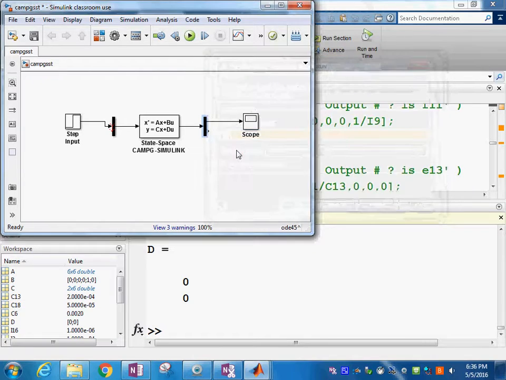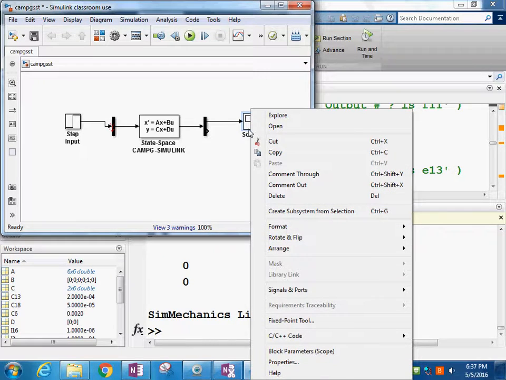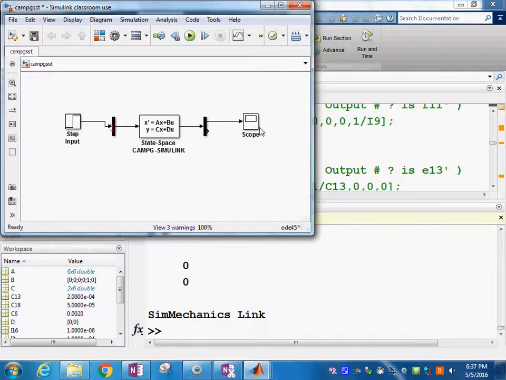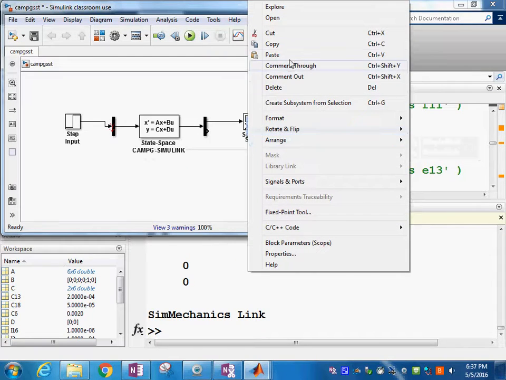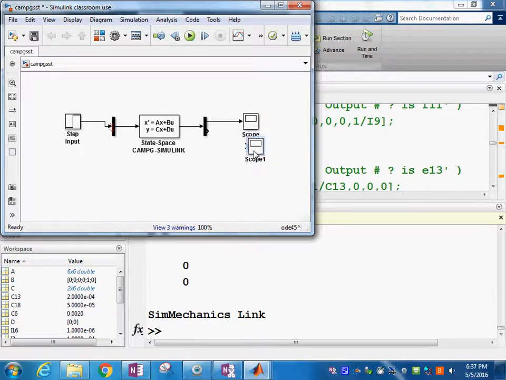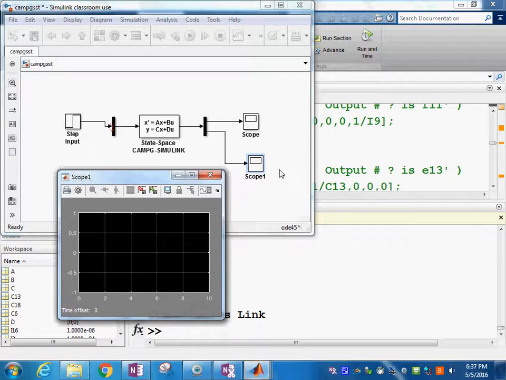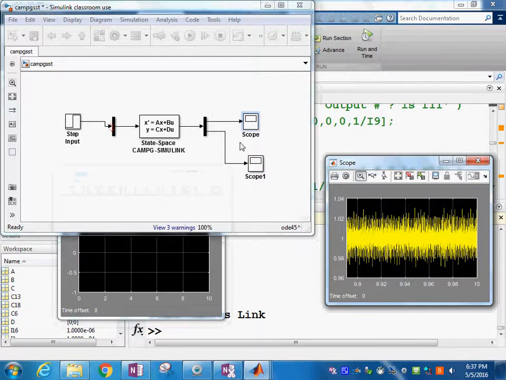And so what I can do is make a copy of that one, just to make our life easier. So there we go. And we put this output like this. Now I am going to also have both of these. Let's see what happens.